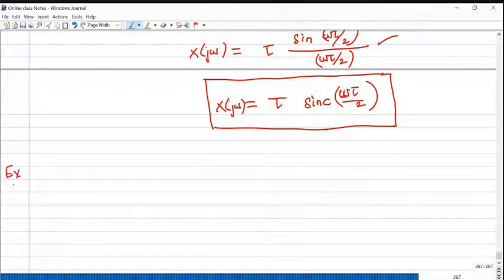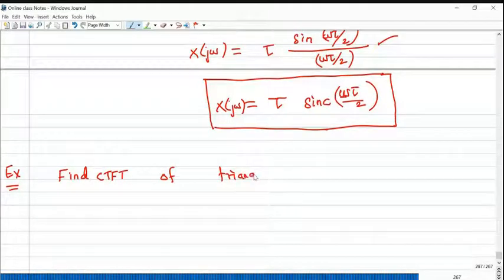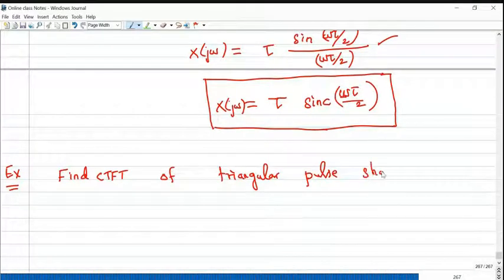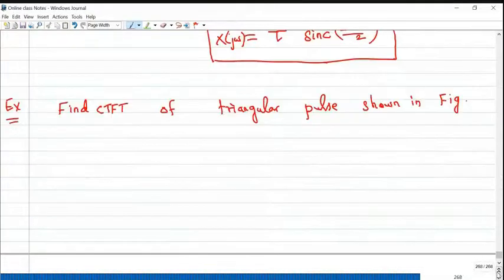Next important problem. Find the continuous time Fourier transform, CTFT, of the triangular pulse shown in the figure. Even if the triangular pulse is not provided in the question paper, like the half wave rectifier in Fourier series, you have to draw the signal carefully.